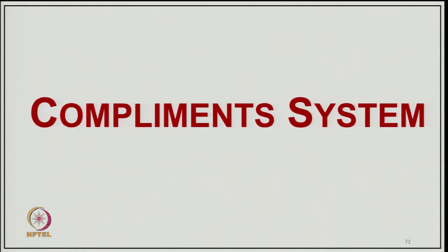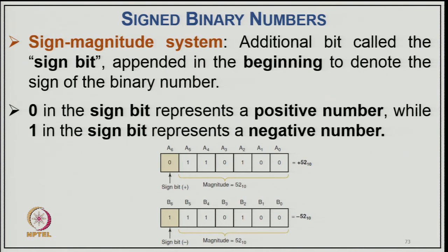Now, coming to the complement system, called complement number representation. Sign is required for some of the mathematical operations on binary numbers, and we call these signed binary numbers. In the sign magnitude system, an additional bit called the sign bit is appended at the beginning to denote the sign of the binary number. A 0 in the sign bit represents a positive number, while a 1 in the sign bit represents a negative number.